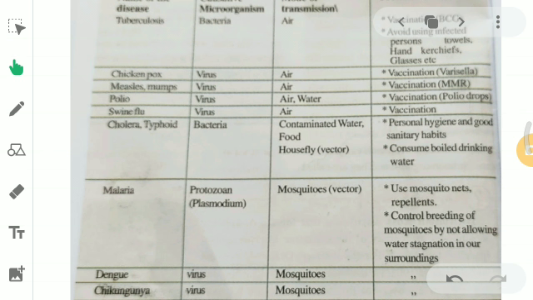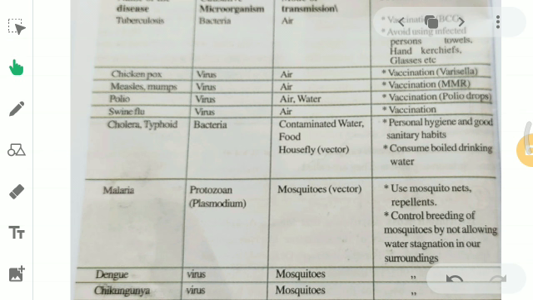You know that we had discussed this in the previous class. So how can you control it? First of all, keep a hygienic atmosphere in our surroundings and avoid the growth of mosquitoes. We also discussed how to control the growth of mosquitoes. The female Anopheles mosquito carries the causative parasite Plasmodium, which was discovered by Dr. Ronald Ross.